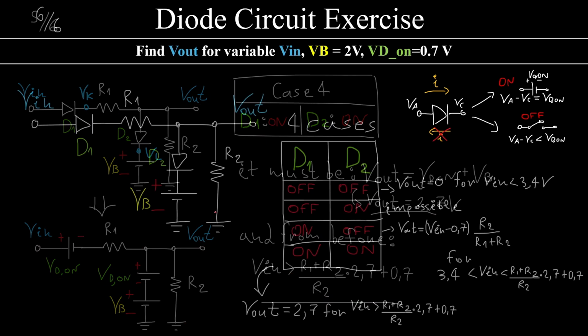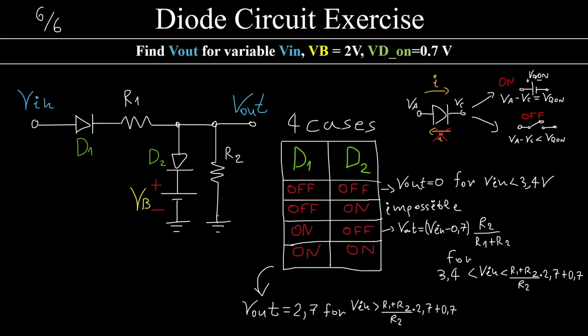Now to sum up what we did, with all of our cases, we have that Vout will be 0 for Vin less than 3.4. Both of the diodes will be off. If D2 is on and D1 is off, this is an impossible configuration, it cannot happen, so ignore this.